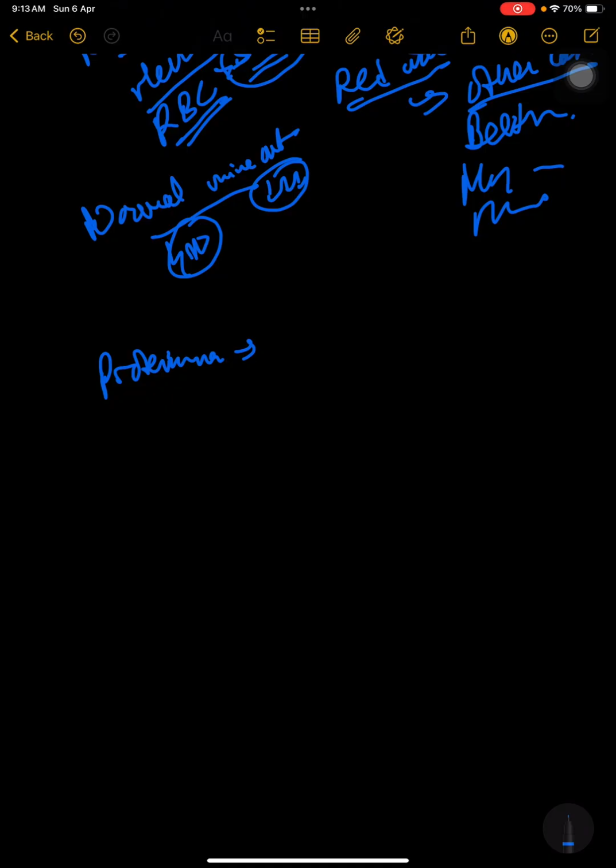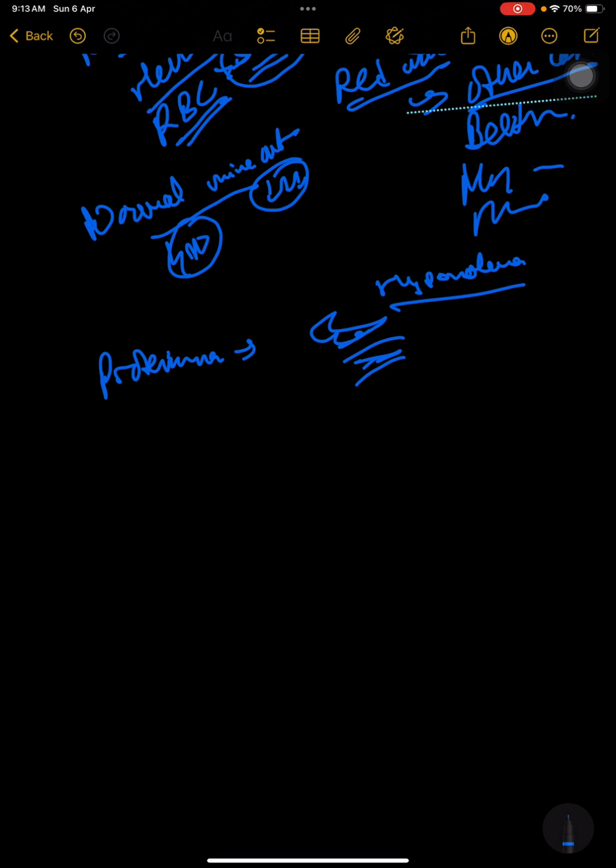Why is there edema? Because there is hypoalbuminemia, a decrease in the plasma colloid oncotic pressure, and there is edema, right? So what happens when there is hypovolemia? The interstitial spaces consist of fluid, but the intravascular space does not.